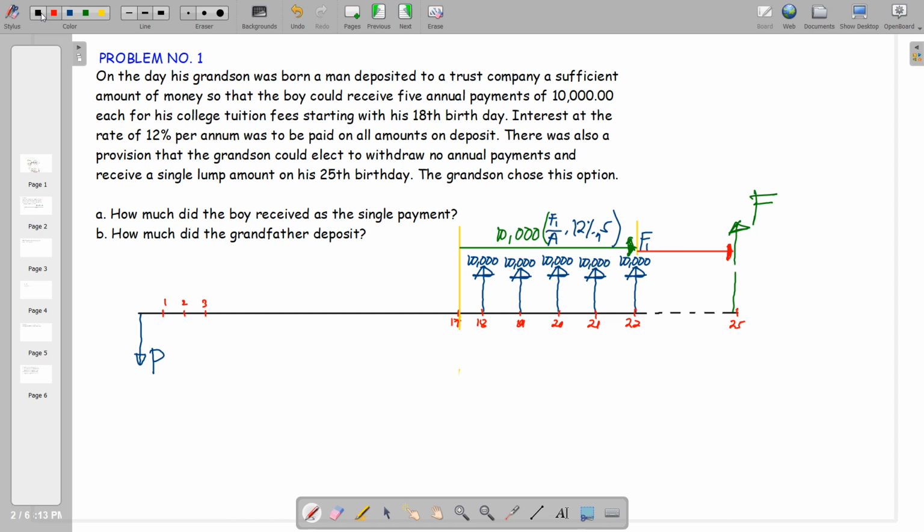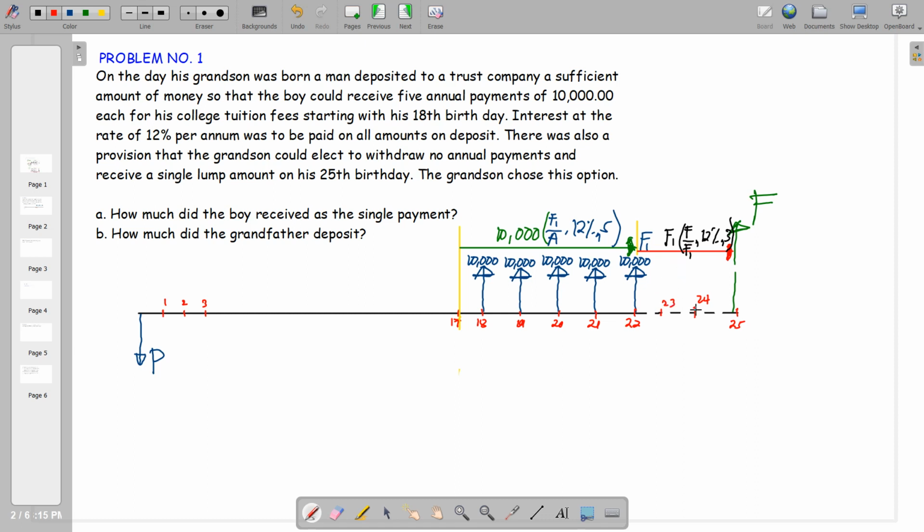Then we say F1 times finding F given F1, 12%, and we have 3. Why 3? Because we have 3 periods, say 23, 24, 25, after the last annuity here.